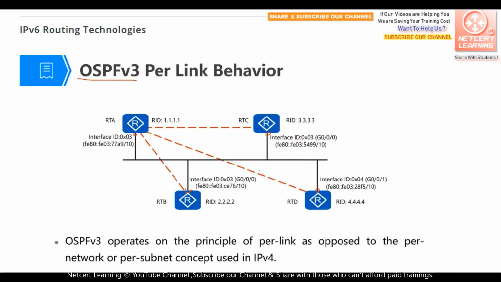But in OSPF version 3 in an IPv6 network, it is based on per link. It means if these interfaces are connected to the same link, they can set up the OSPF version 3 neighbors. They don't need to be in the same network. So that is a big difference between version 3 and version 2.